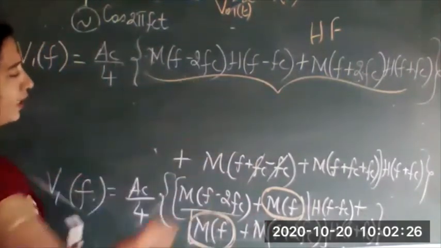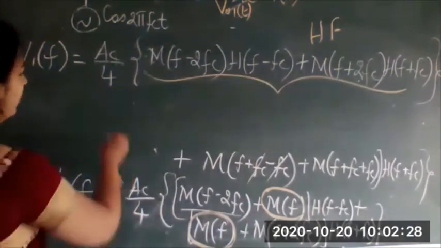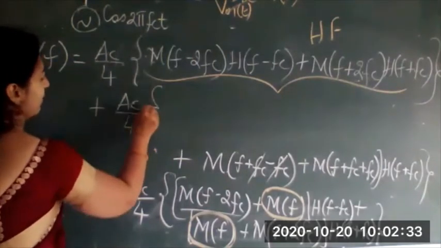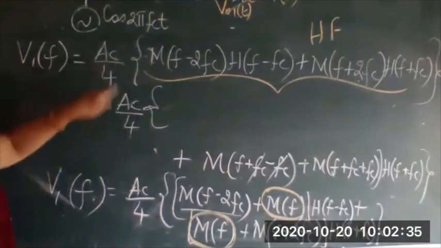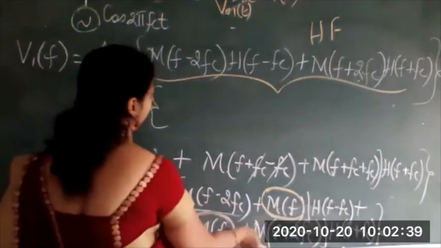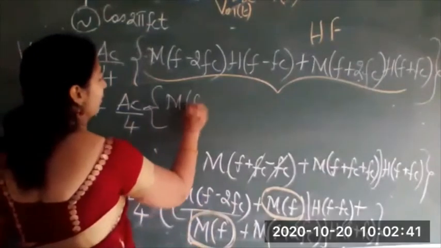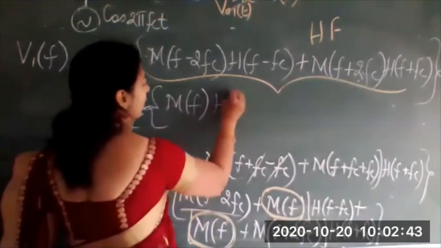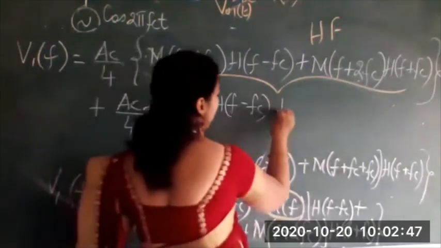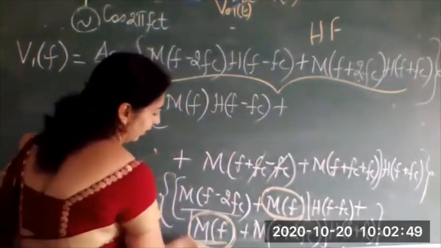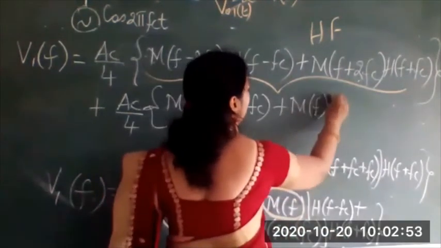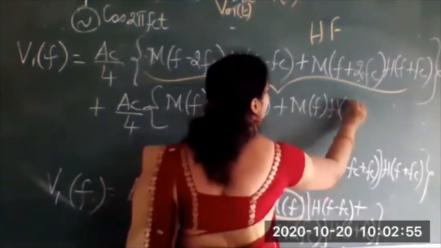So all these are high frequency terms. Plus, let me include the low frequency terms here, Ac/4 into what is left here? M(f) into H(f - fc) plus here M(f) into H(f + fc).